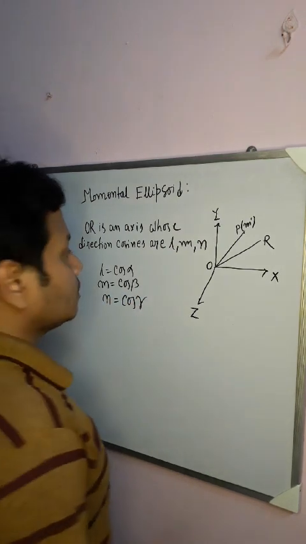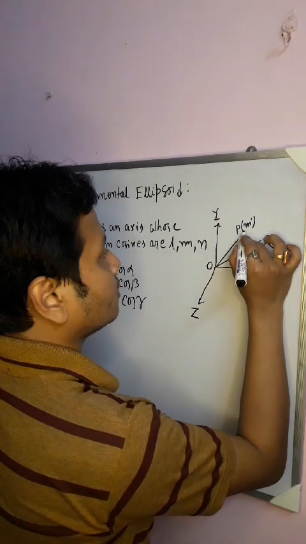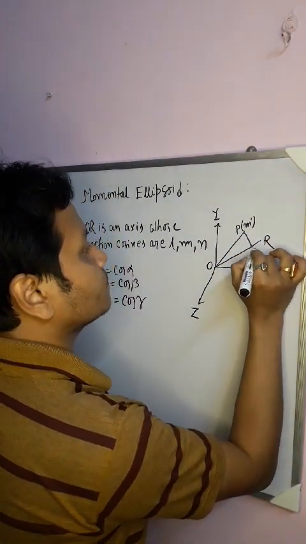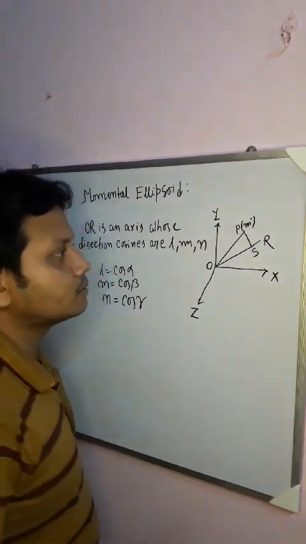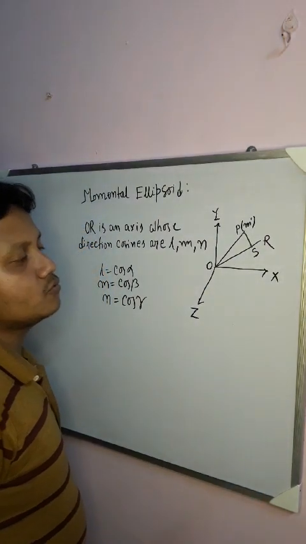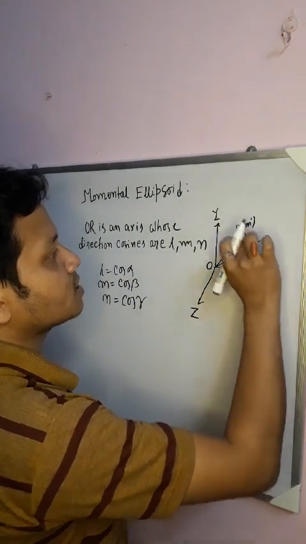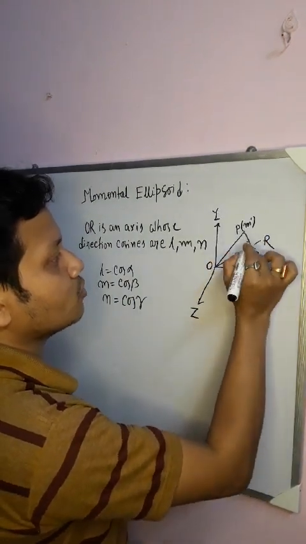Fine. So we have to draw a perpendicular from the particle to this axis, say this is S. If we are going to find the moment of inertia along OR, we must draw a perpendicular PS on OR.